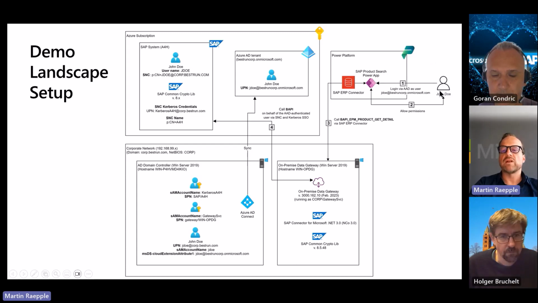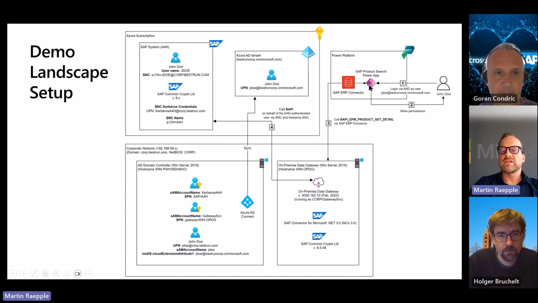I have a user that will access the Power App in a browser, and in order to do so, the user needs to sign on to the Azure AD tenant that is synchronized using Azure AD Connect, so that the user can use their known passwords to log in to the Azure AD tenant.